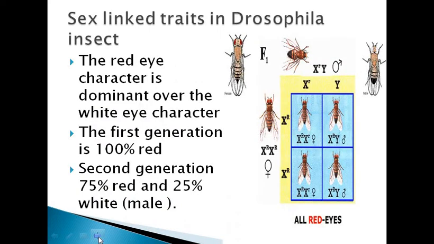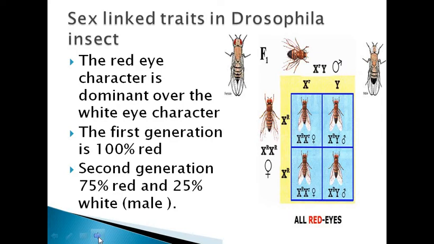First, we will study the sex-linked trait in the Drosophila insect. This insect has two kinds of eye color: the red eye character and the white eye character. The red eye character is a dominant trait, and the white eye character is a recessive trait.